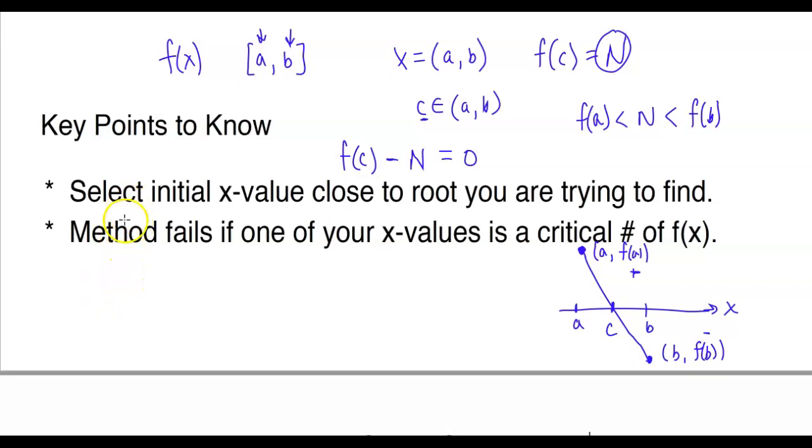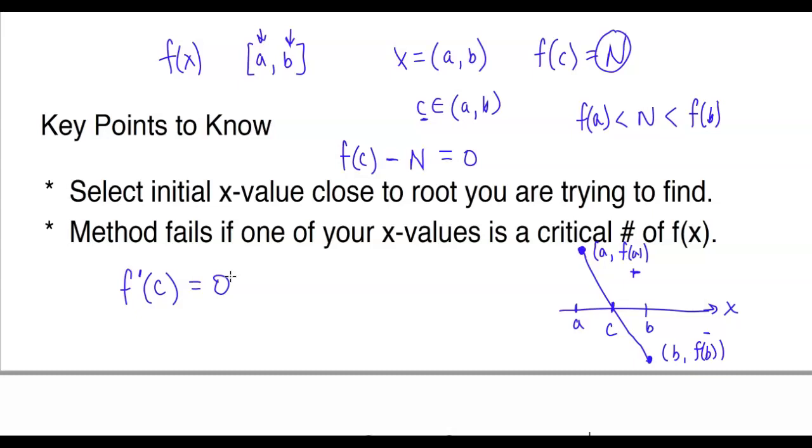Now, the other thing that we have to watch out for is when this method fails, okay? This method fails whenever we have an x value that is a critical number of our function. If you remember, a critical number of our function is a value c such that when we plug it into the derivative, specifically in this case when the derivative is equal to 0, okay?